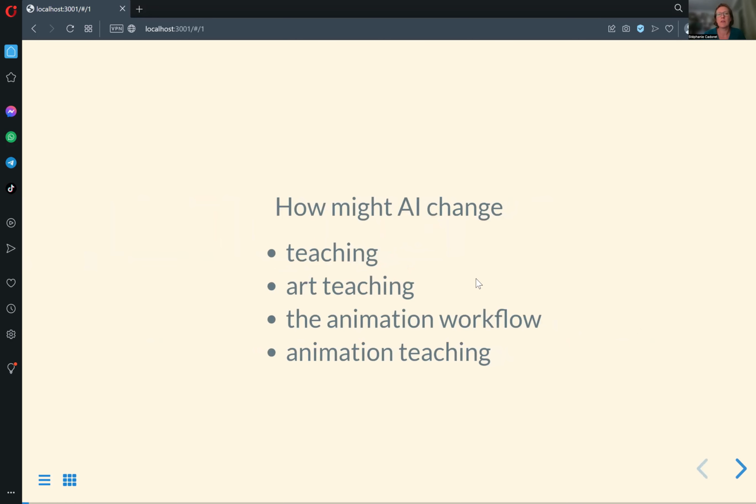Each new technological innovation creates new practices and makes some specialized skills obsolete. And right now, it is still difficult to know with certainty how the professions of animation will be impacted by AI and on what horizon.